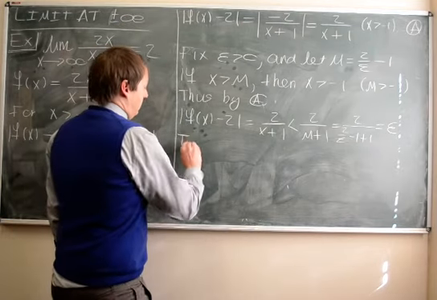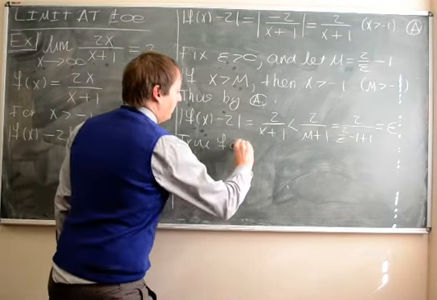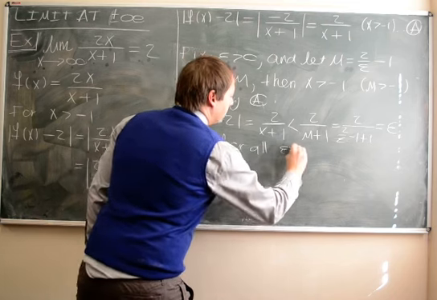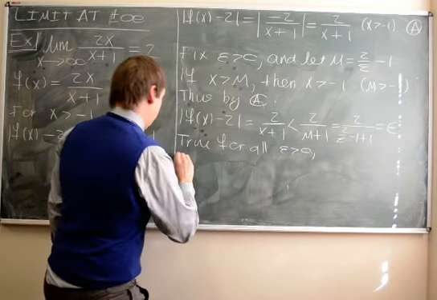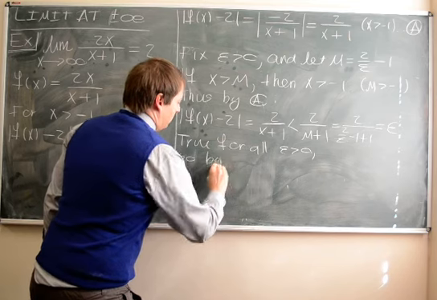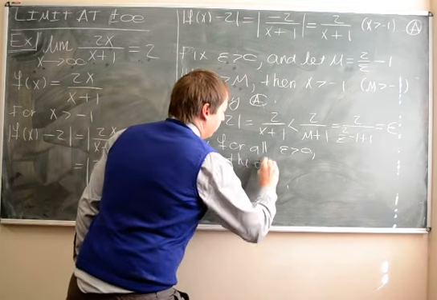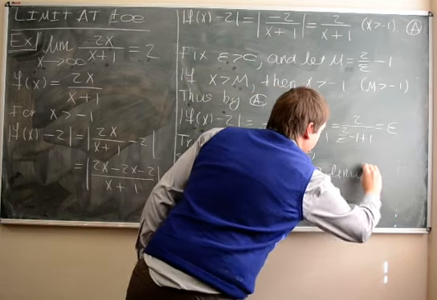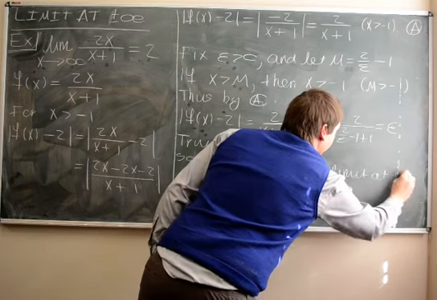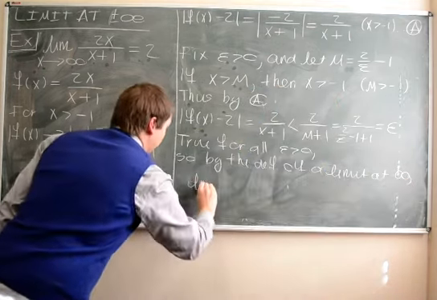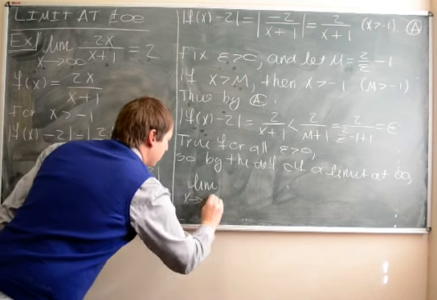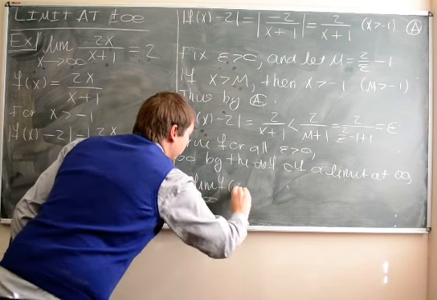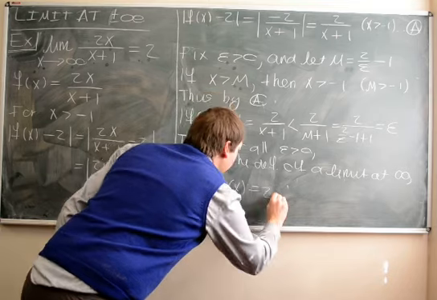This is true for all epsilon bigger than 0. So by the definition of a limit at infinity, we see that the limit as x goes to infinity of this function f of x is 2.